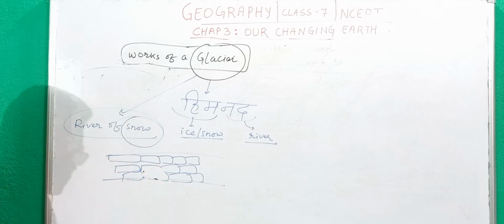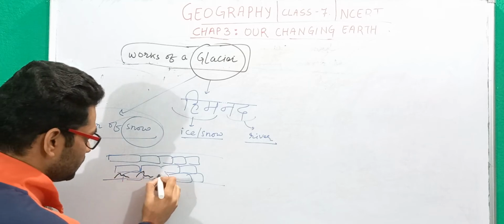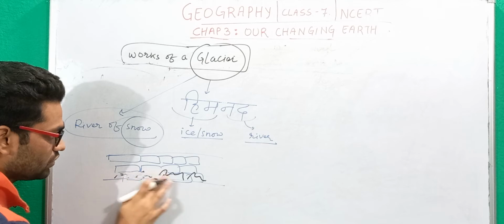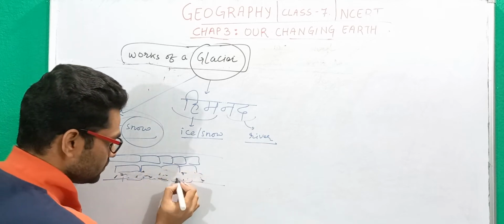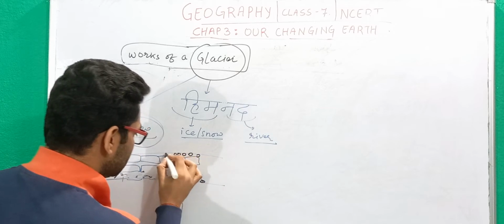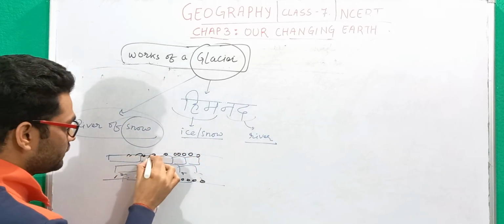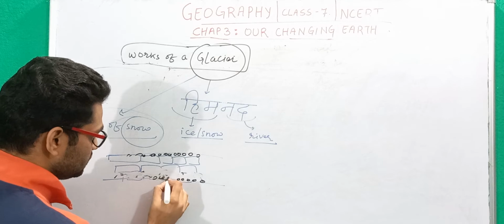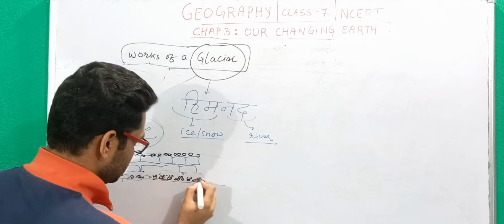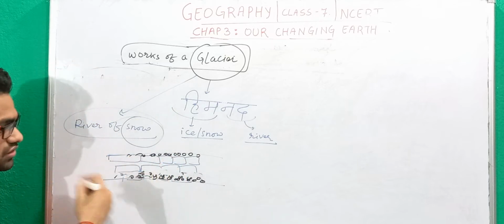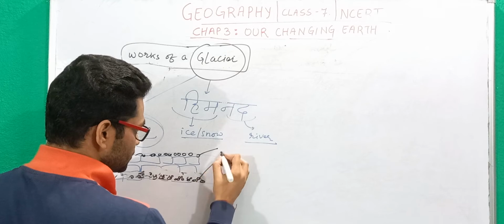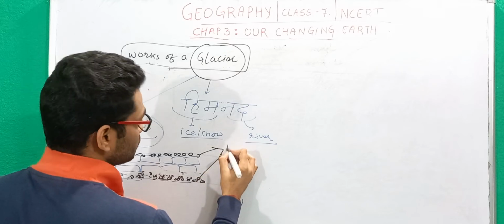If there are many rocks here and there, all these rocks will be reduced into smaller fragments, and this phenomenon occurs on both sides of the bank of the glacier. These smaller fragments of rocks get deposited on both sides of the glacial flow. This deposition of the debris of the rock, or the weathered rocks, is what we call moraines.